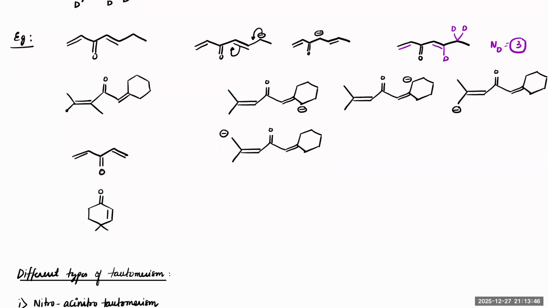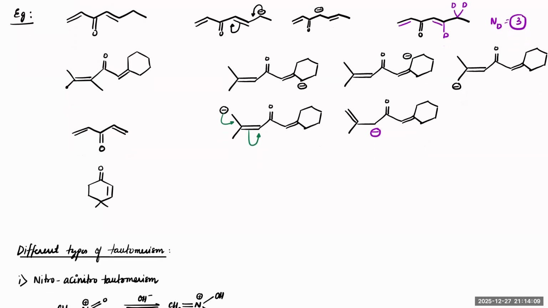Now, resonance. From here, can you see resonance can also take place? That means this can push here. This minus charge can come here. So, in short, we can have the double bond moving here and negative charge coming at this position. This is one way we can have.